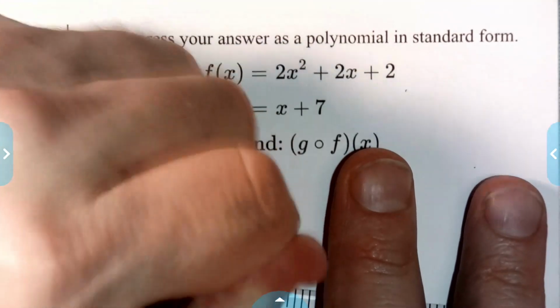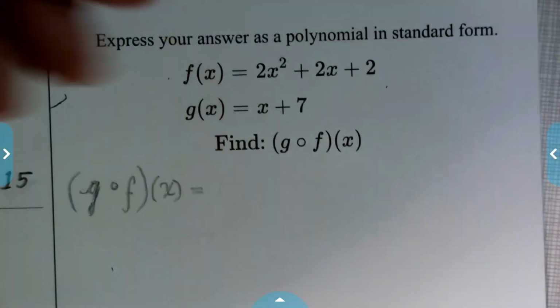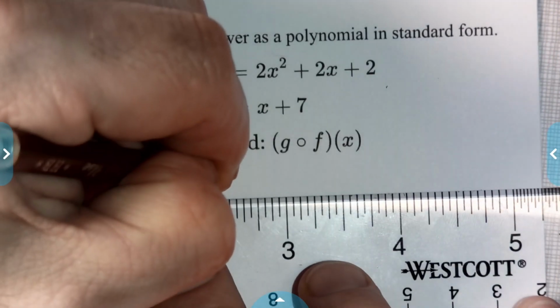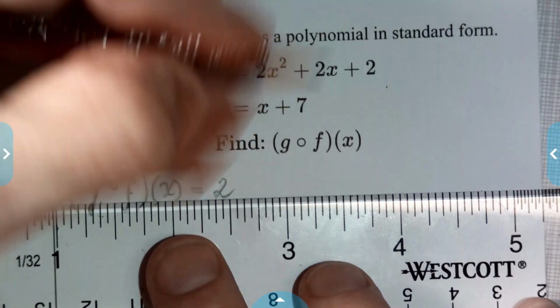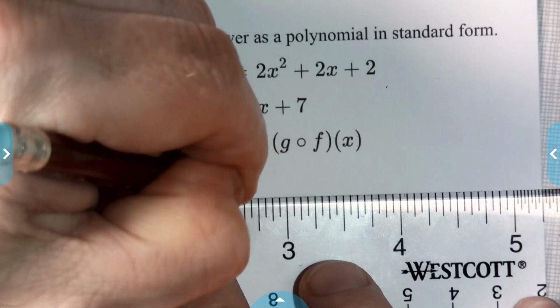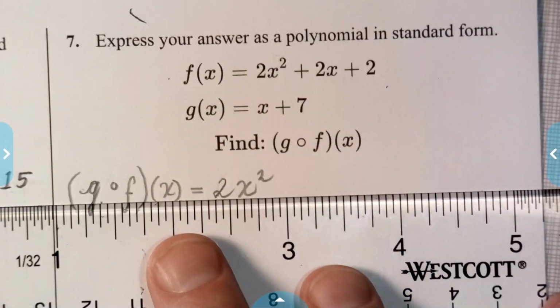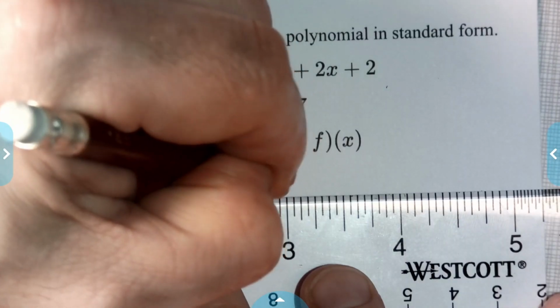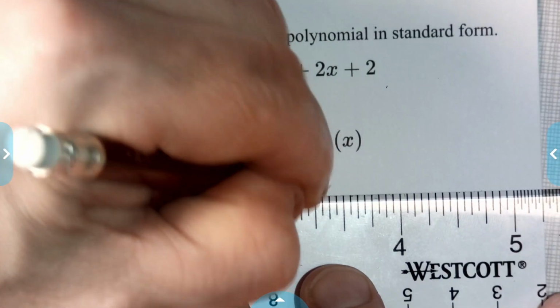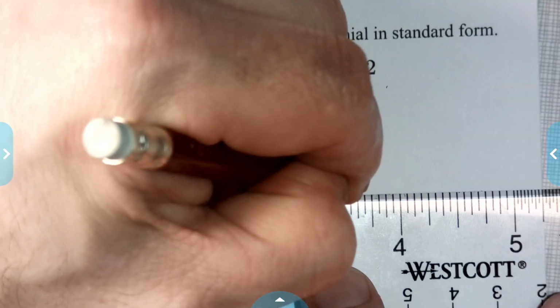We don't even need the parentheses. We're just going to write 2x squared plus 2x plus 2 plus 7.